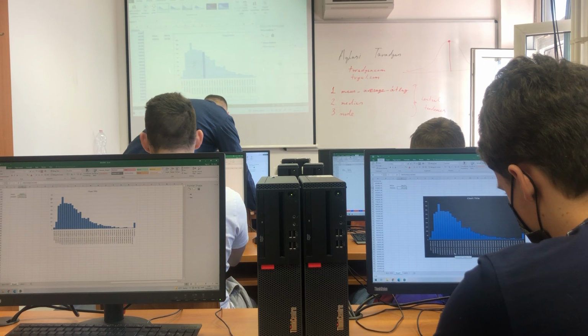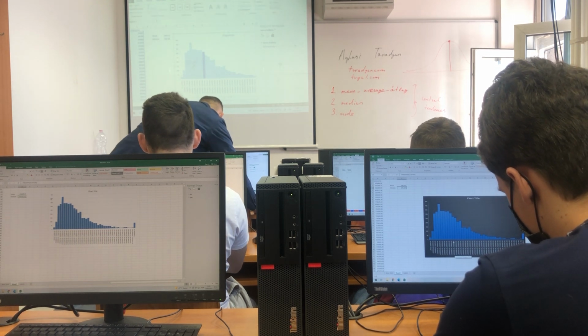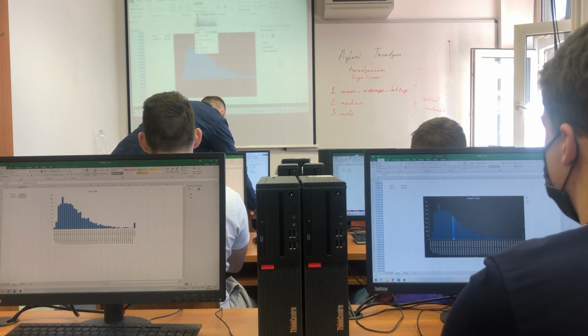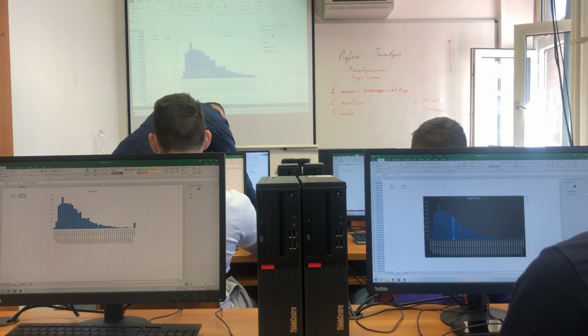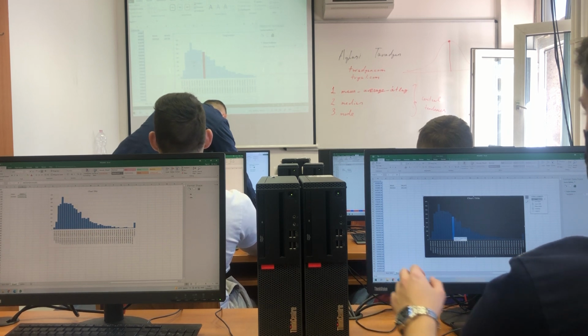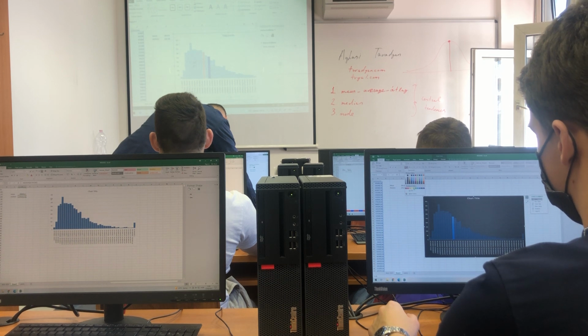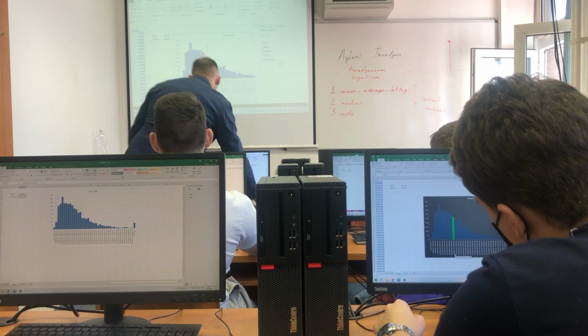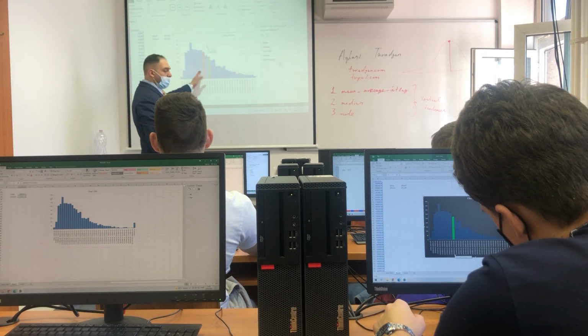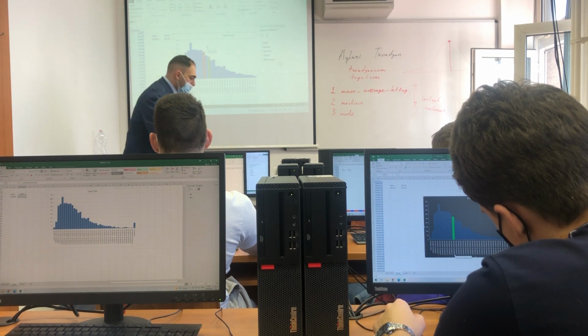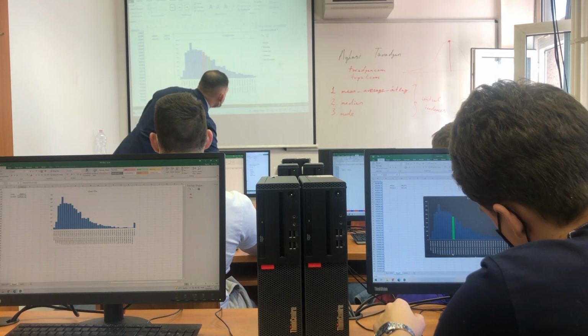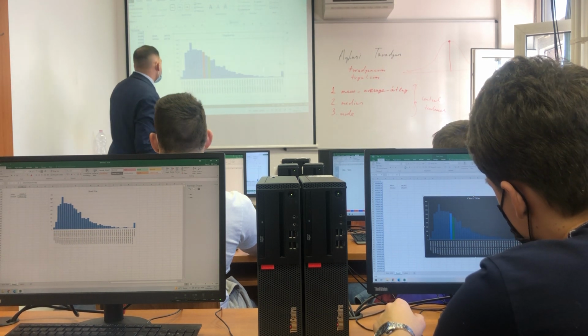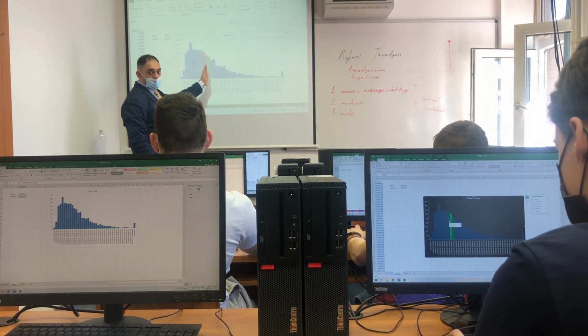So I want to color those two columns. So this is our mean, and so the green is our average or mean, outlier, and the red is our median.